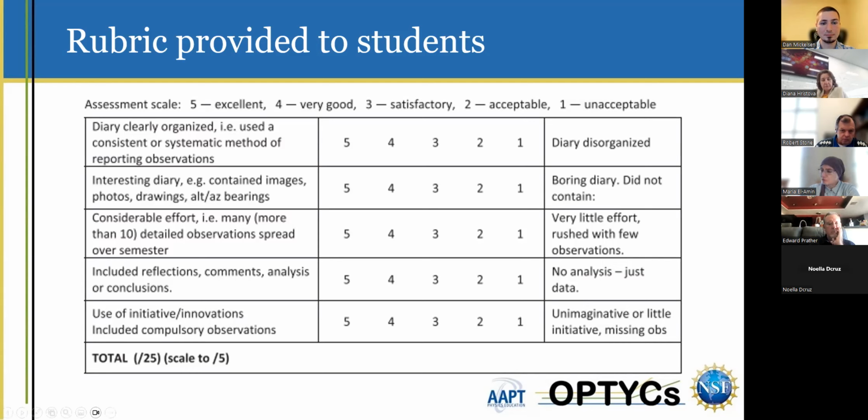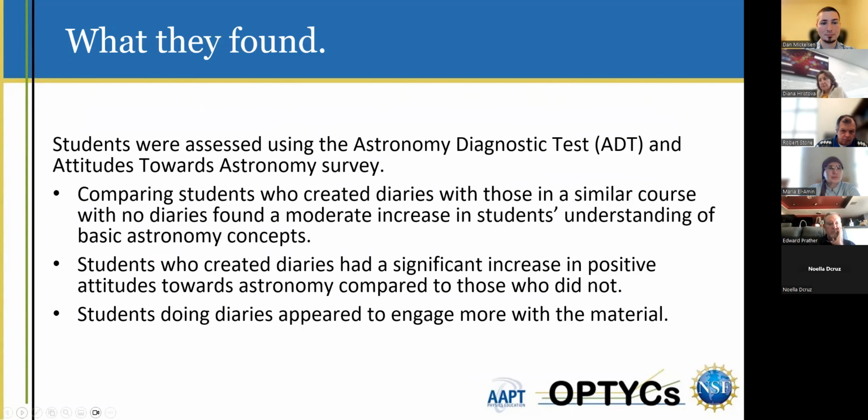So what did they find? What was the result of using these journals? Well, they were assessed using 2 validated instruments, the Astronomy Diagnostics Test and the Attitudes Towards Astronomy Survey.